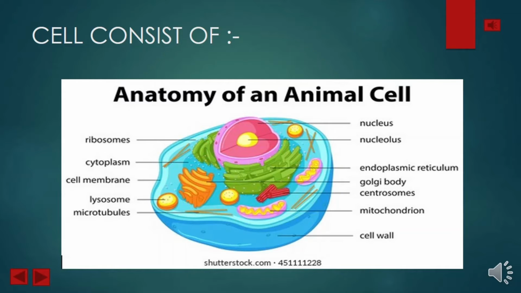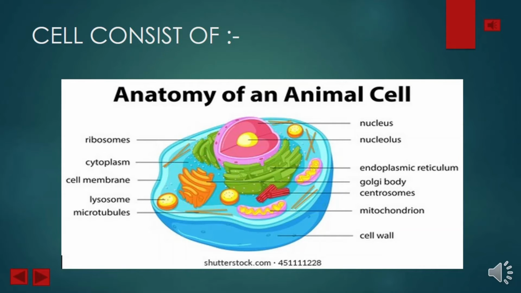And also in the cytoplasm you can see lysosomes, mitochondria, the powerhouse of the cell, centrosomes, which are the primary microtubules, and Golgi bodies. The green colored thing is the endoplasmic reticulum, and there is a definite nucleus compared to the prokaryotic cell. The eukaryotic cell will have a definite nucleus, and that's all about the cell.